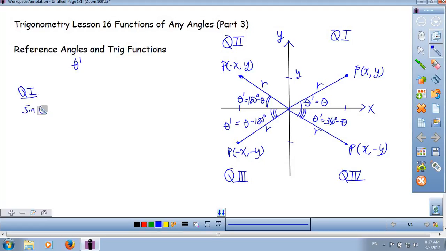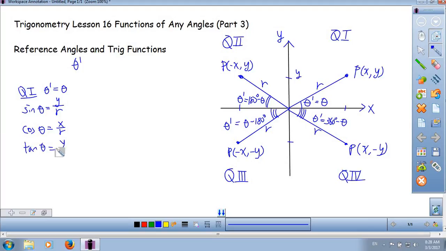So sine of theta is just equal to y over r, which is the same. Cosine of theta prime is just going to be equal to x over r. The reason is in quadrant 1, theta prime, the reference angle, is just equal to theta. So they are the same angle.